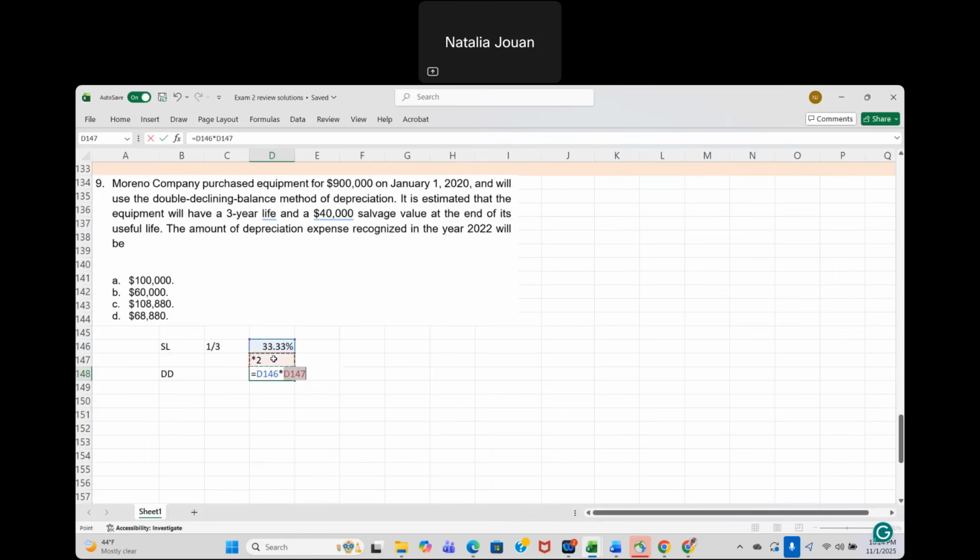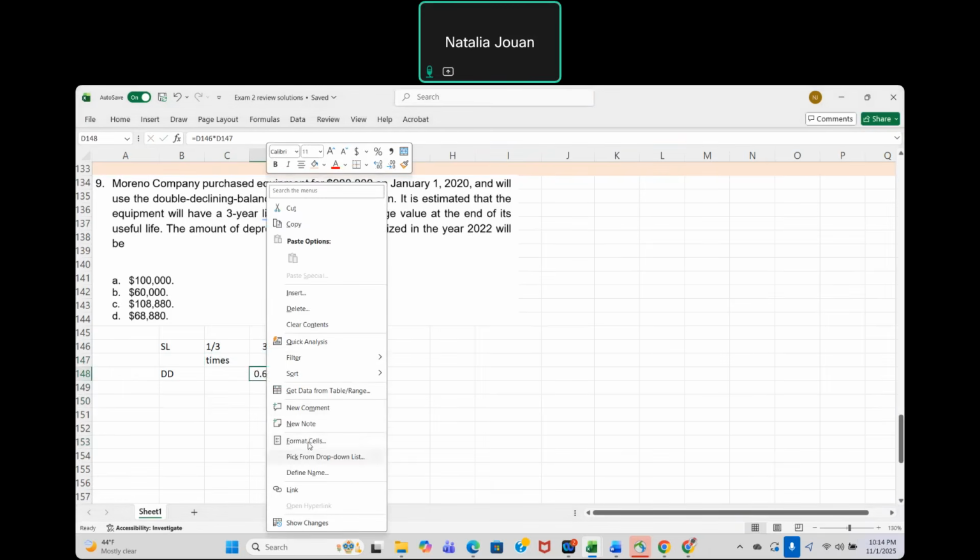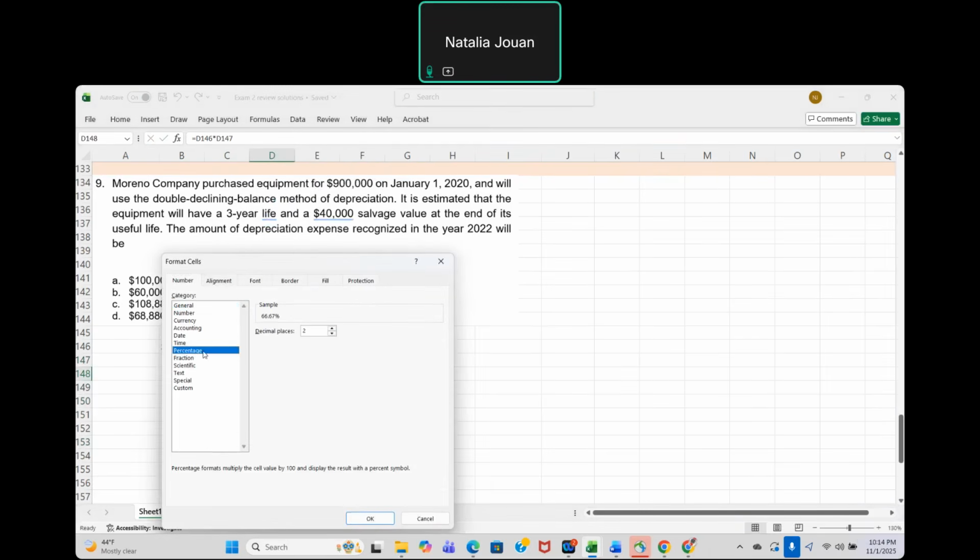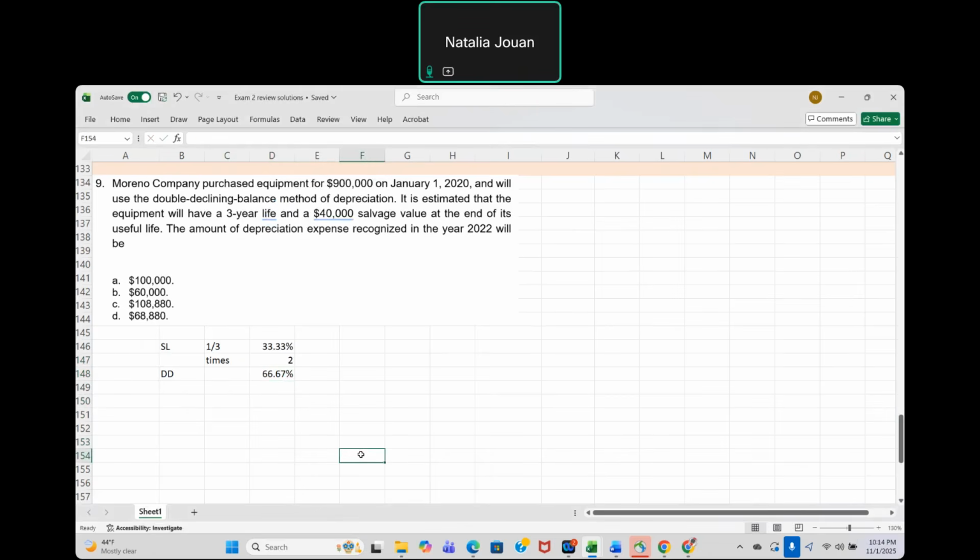We're going to double the straight line rate. Let's make this a percentage. Now we're going to apply that rate to our double declining.